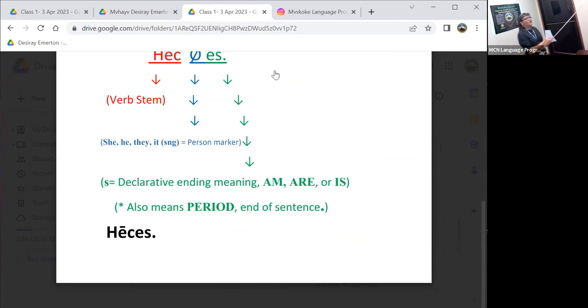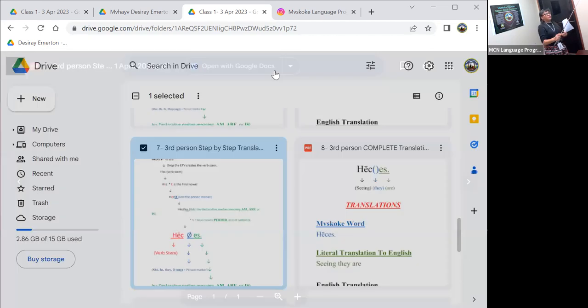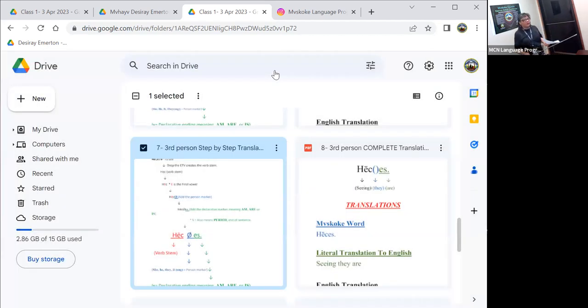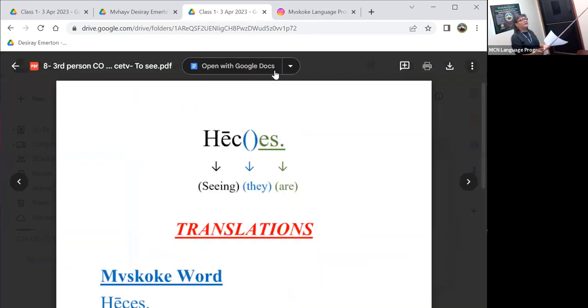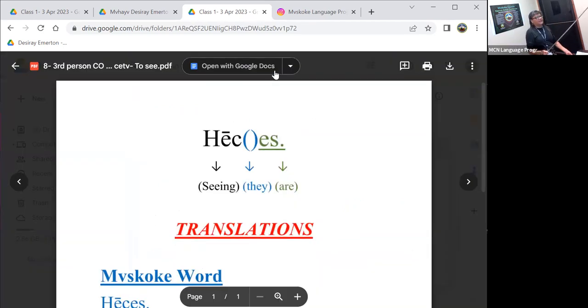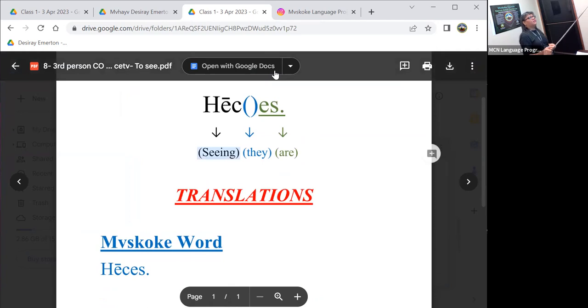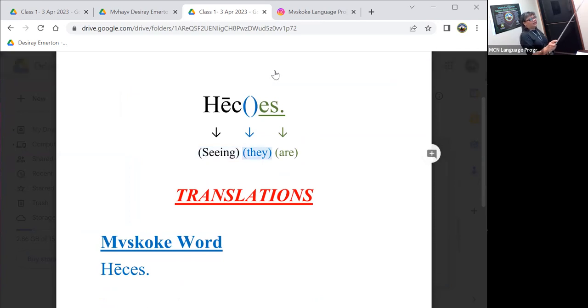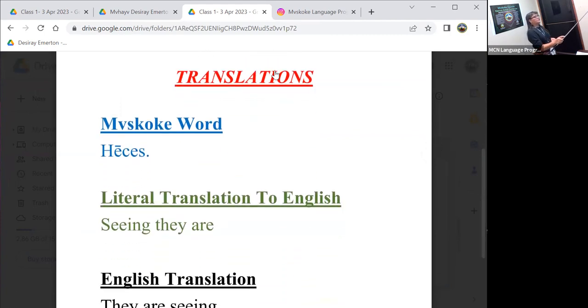All right, anybody have any questions on this one? Like I said, I conjugated all of this out because repetition is the way I remember learning and remembering. Here again, I presented the same thing but in different formats. Seeing, they, and that's the placeholder, are. Translation, hijis.